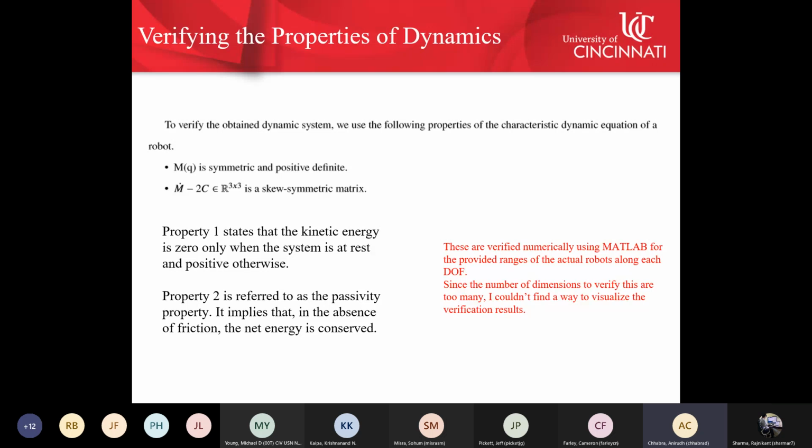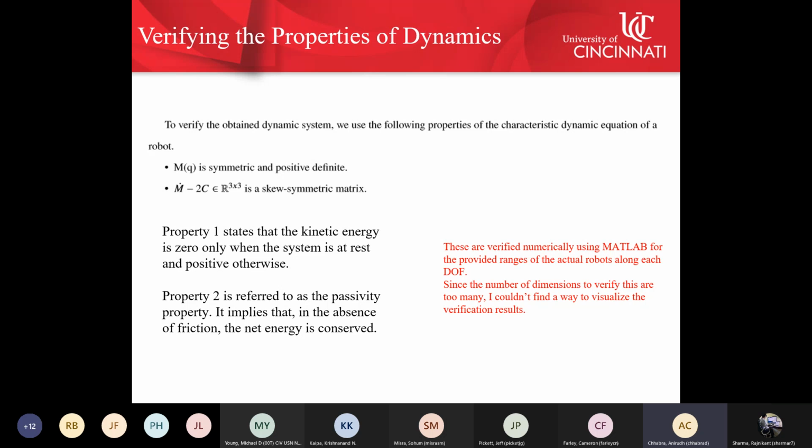Property 1 says that the kinetic energy is 0 when the system is at rest and positive otherwise. That means the inertia matrix is symmetric and positive definite, which came out to be true. And the second one is the passivity property, which states that in absence of friction or any other non-conservative forces, the net energy is conserved. And this also came out to be true.